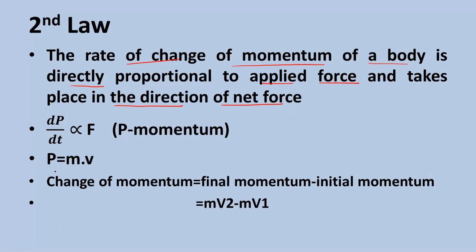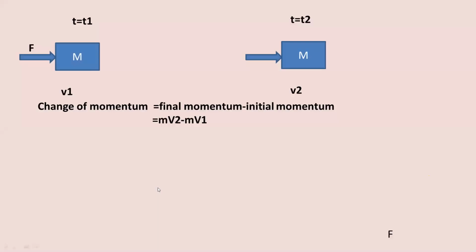Momentum is represented as P, which is equal to mass into velocity. So what is change of momentum? It is the difference between final momentum and the initial momentum. Final momentum is mass into final velocity, minus initial momentum, which is mass into initial velocity. So mv2 minus mv1 is the change of momentum.